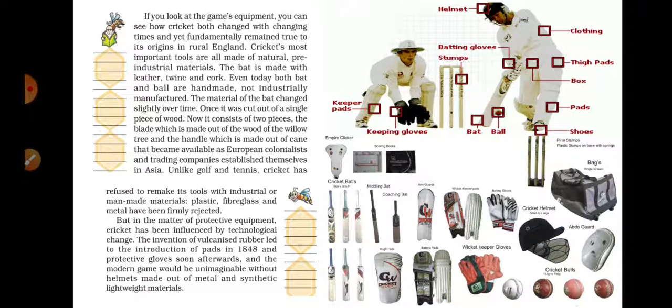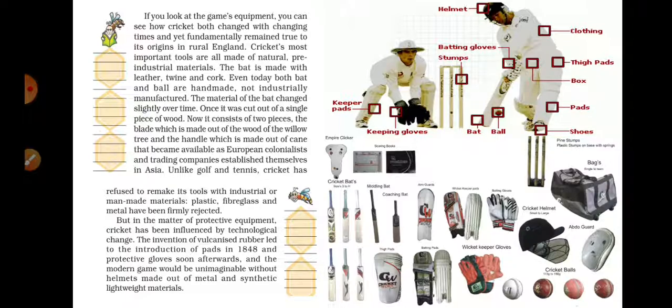The main equipment like the bat, ball, and wicket are still made out of natural products. They are not made of industrial materials. The bat is made of willow, leather, twine, and cork. Each bat has two parts, the handle and the blade, the portion with which a ball is struck.